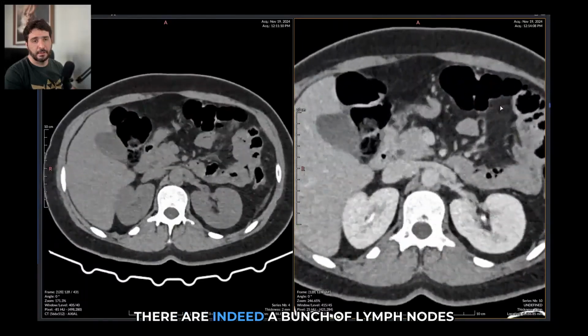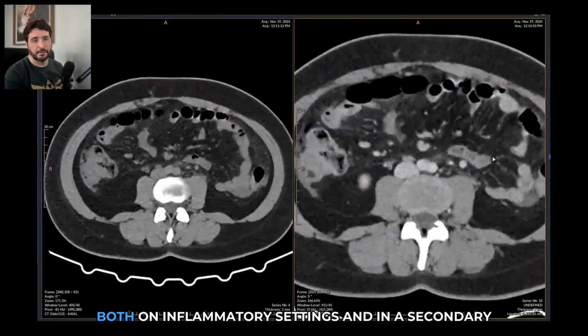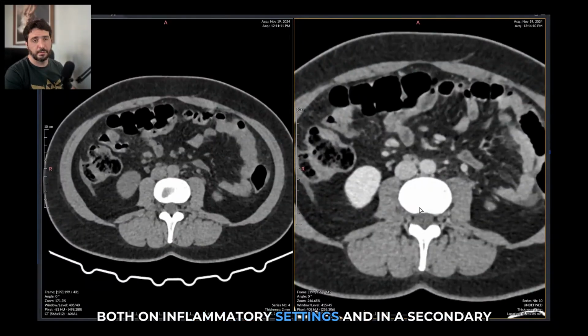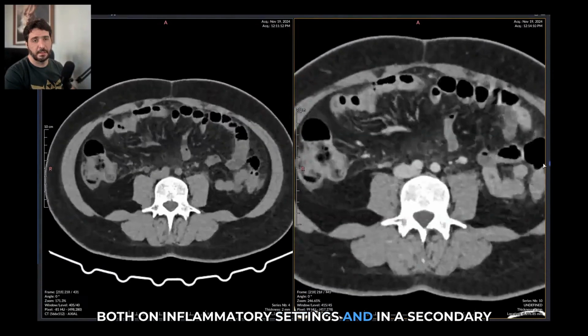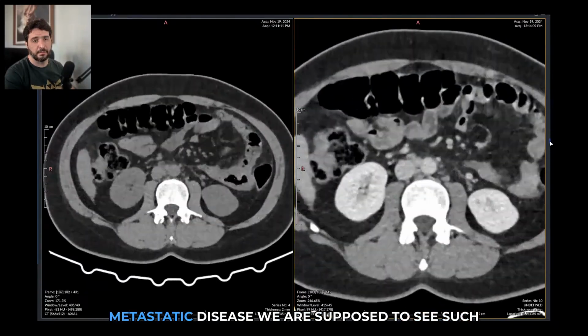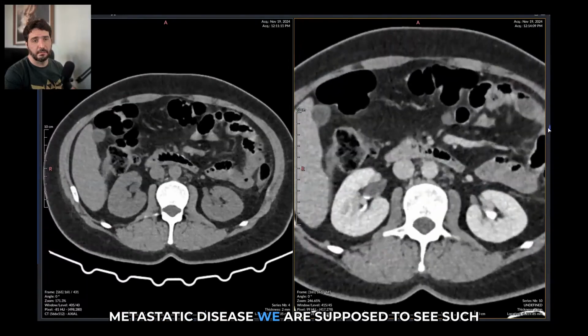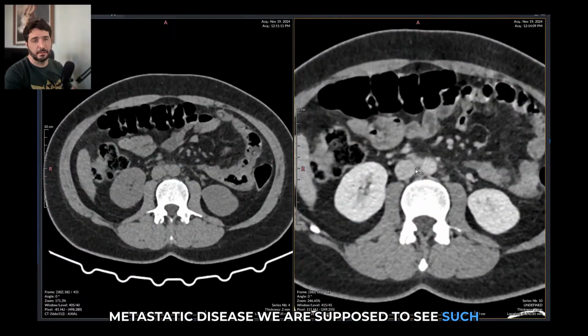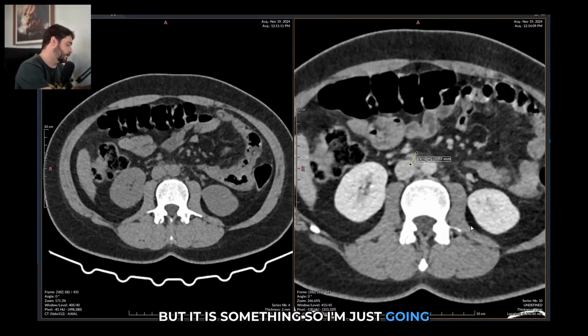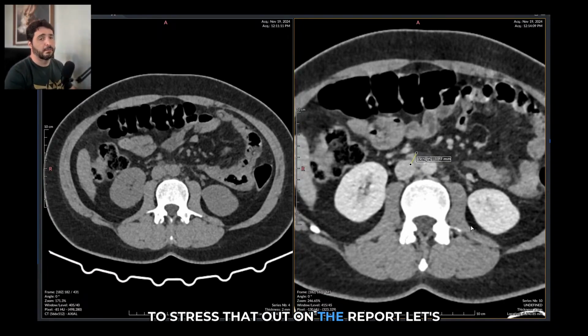So there are indeed a bunch of lymph nodes, both in inflammatory settings and in secondary metastatic disease. We are supposed to see such lymph nodes, so it really isn't much, but it is something. So I'm just going to stress that on the report.